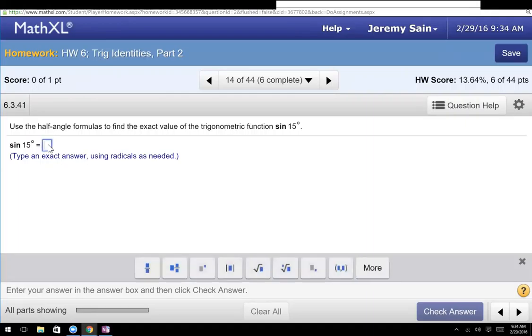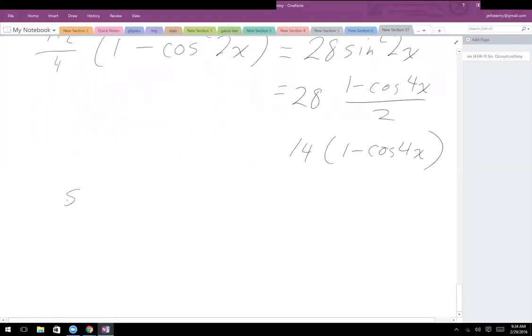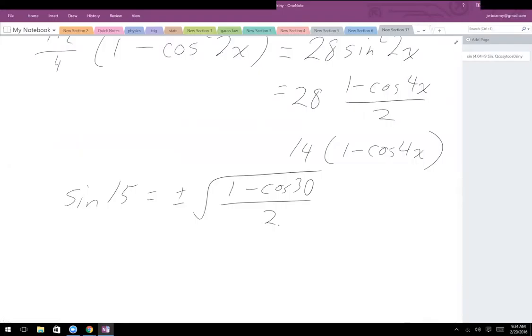Okay, so sine 15. Well, again, sine squared is 1 minus cosine over 2, right? So let me go ahead and grab the paper again. Sine of 15 is going to be plus or minus square root of 1 minus cosine of 30, not 3 theta, over 2. What's cosine of 30? Square root of 3 over 2.